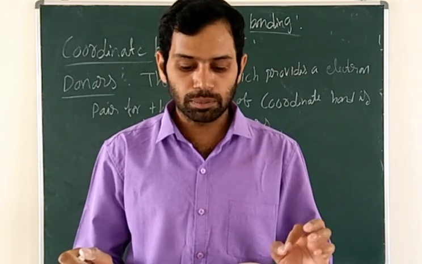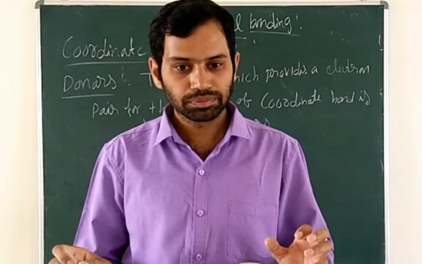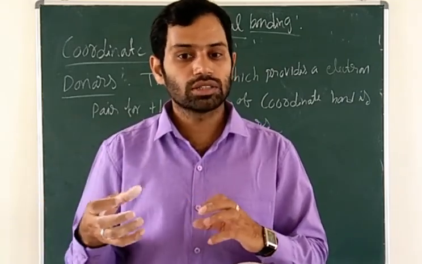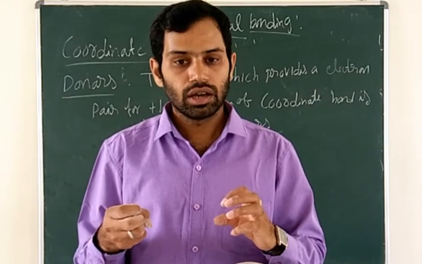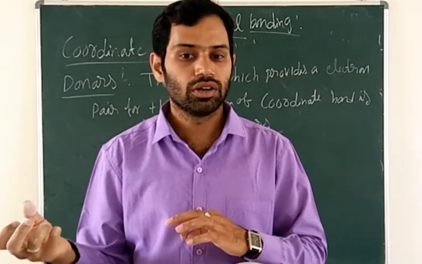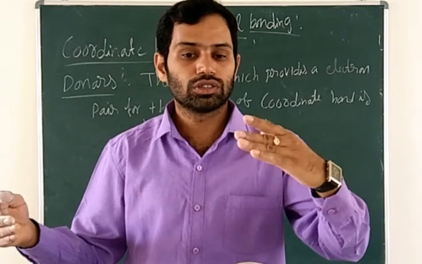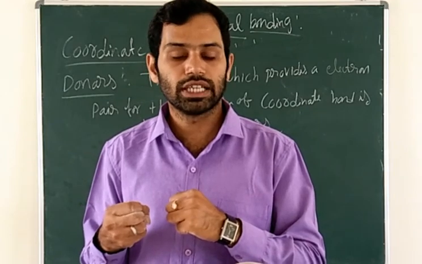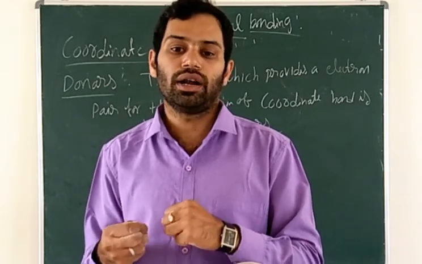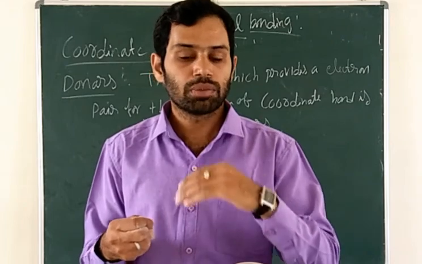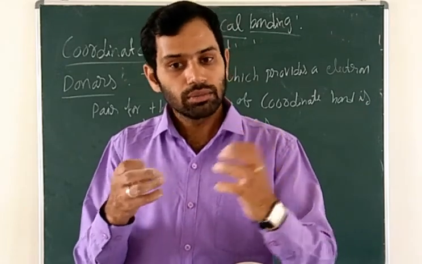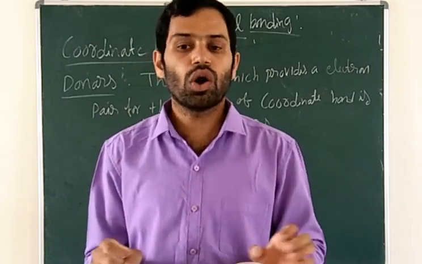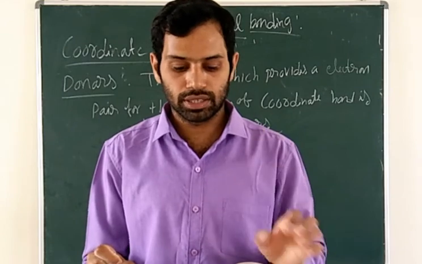Clear? Next, acceptor. The donor provides the electrons, and the other atom shares the electron pair given by the donor for the formation of coordinate bond. That atom is called the acceptor.